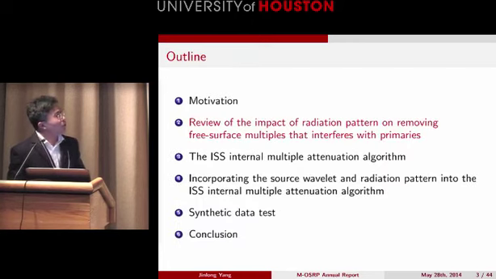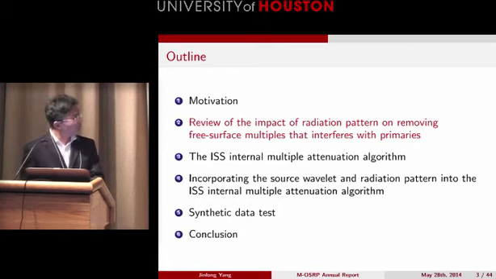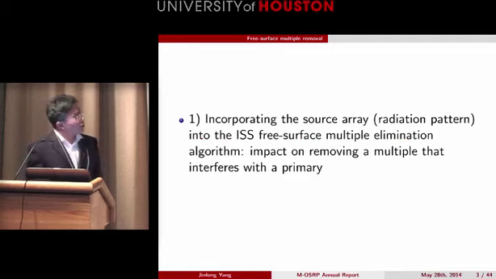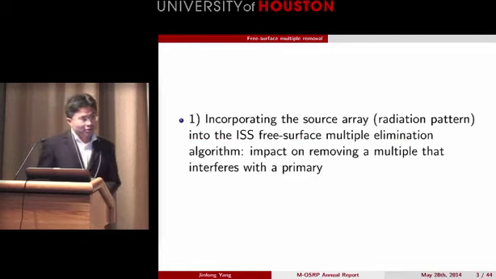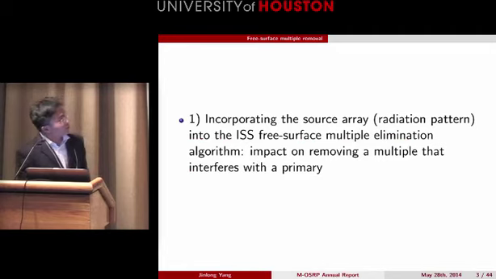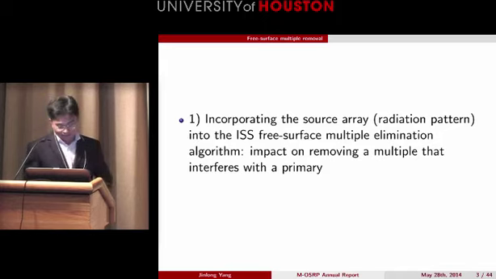First, I will review the impact on free surface multiple removal. This work was done in the previous year, and I will give a brief review on how to remove multiples that are interfering with the primary.